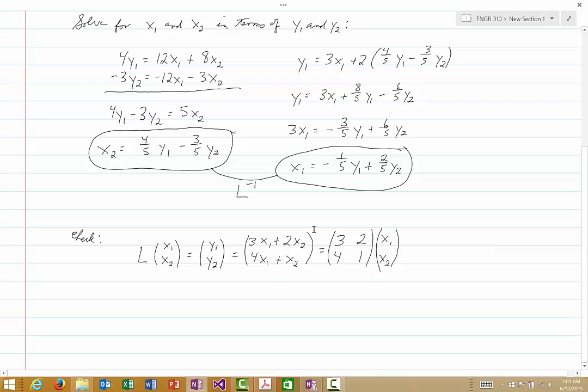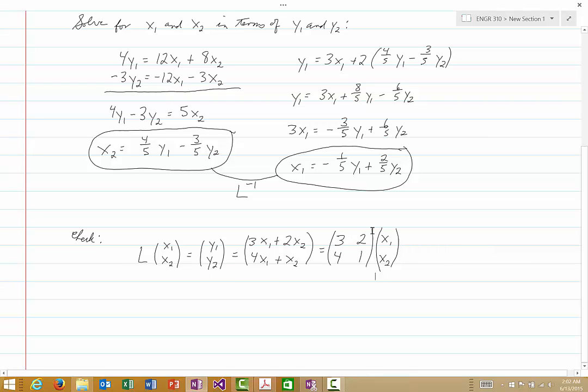Because if you multiply this matrix, 3, 2, 4, 1, by the column vector x1, x2, when you multiply this row times this column, you'll get 3x1 plus 2x2. And when you multiply this row times this column, you'll get 4x1 plus x2. So this is another way of writing the column vector y1, y2.